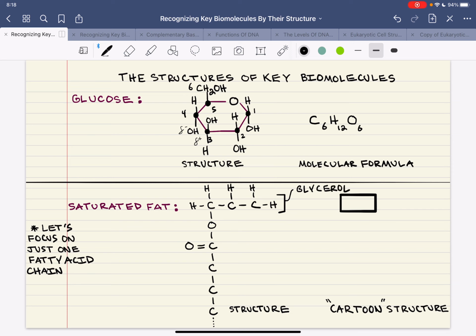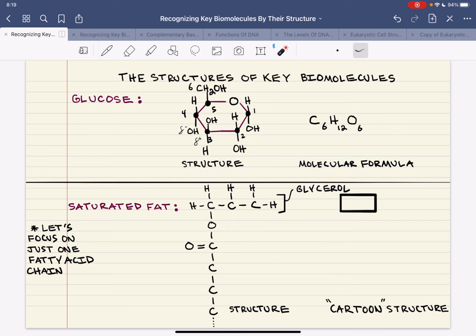That's the backbone. Pretty straightforward. It's 3 carbons, 1, 2, 3. And then completely surrounded by hydrogens. And then at the bottom, each carbon is attached to one of the 3 fatty acid chains.